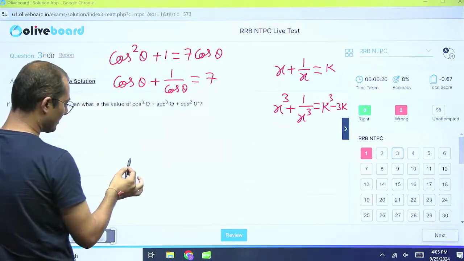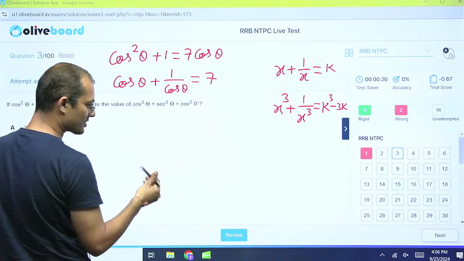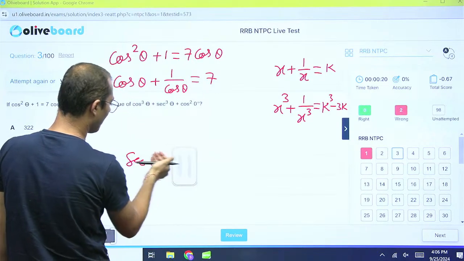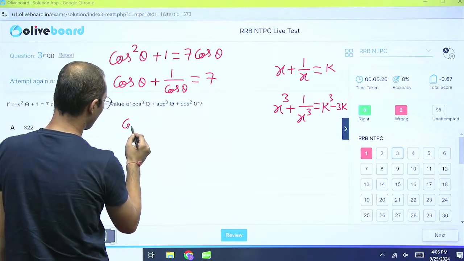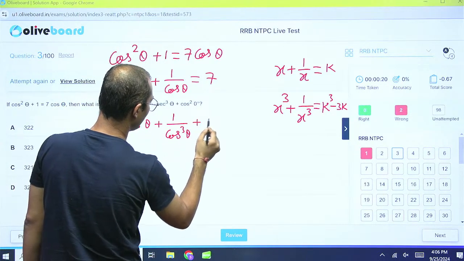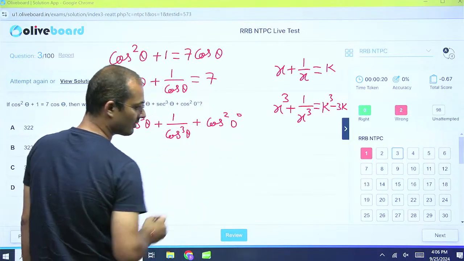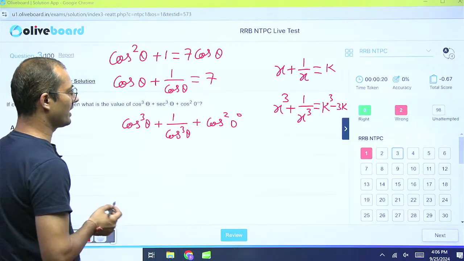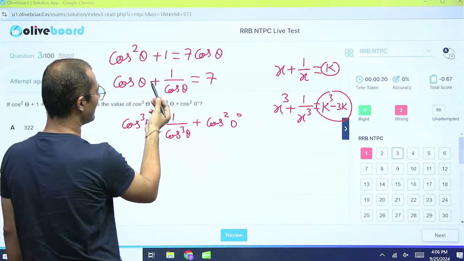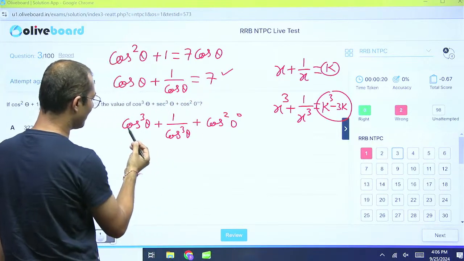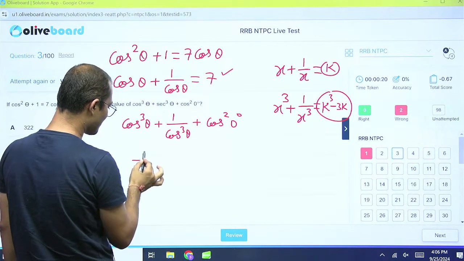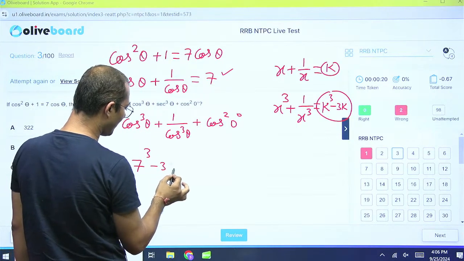Here we know that cos is inversely proportional to sec, meaning sec theta is equal to 1 upon cos theta. So we can write this as cos cube theta plus 1 upon cos cube theta plus cos square 0 degree. If we know the value of cos theta plus 1 upon cos theta, which is 7, then cos cube theta plus 1 upon cos cube theta will be equal to 7 cube minus 3 into 7.